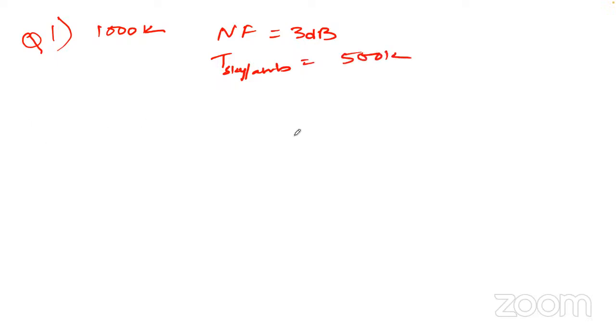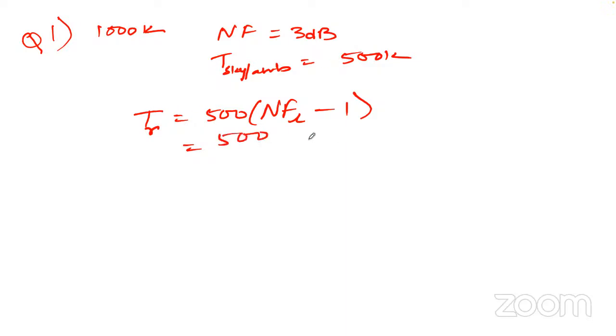By relation, T of receiver is equal to 500 into NF linear minus 1. 3 dB becomes around 2.